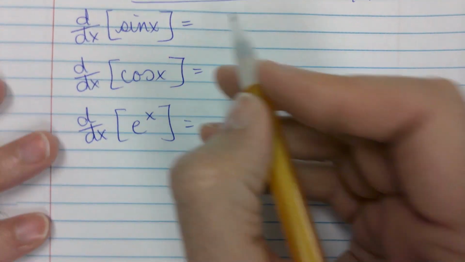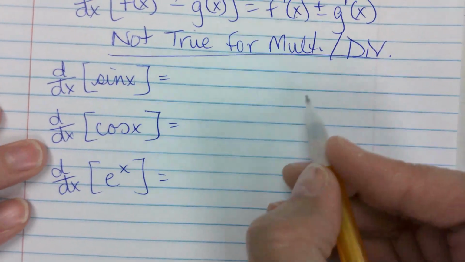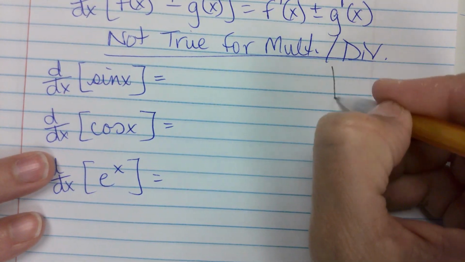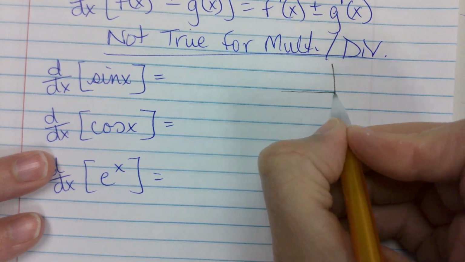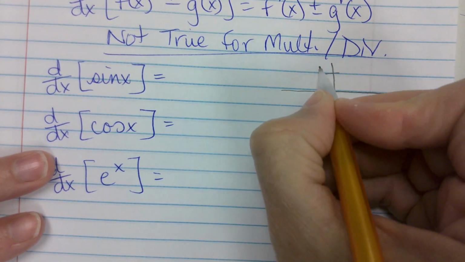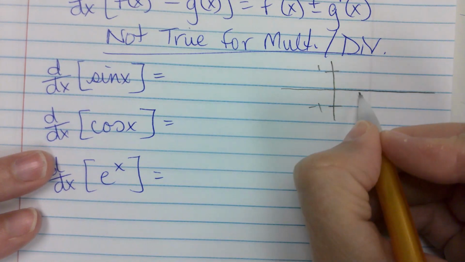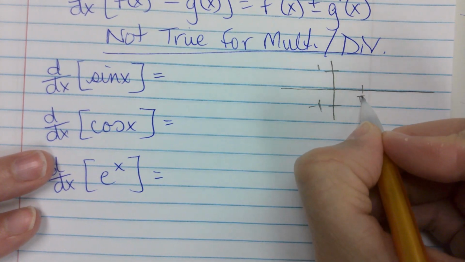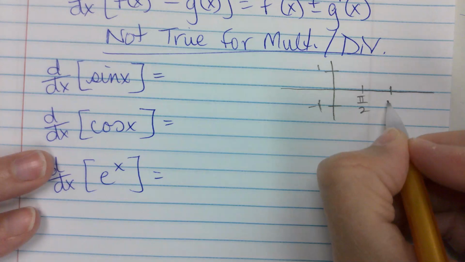The best I can do to show you what the derivative of sine is, is to draw a sine curve. Didn't we practice that on those few problems where we were sketching the derivative graph?